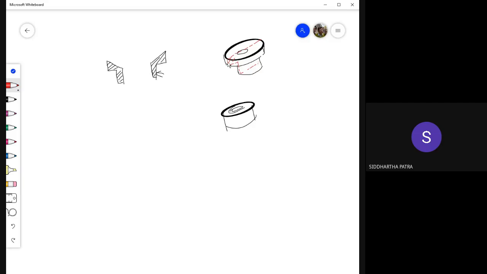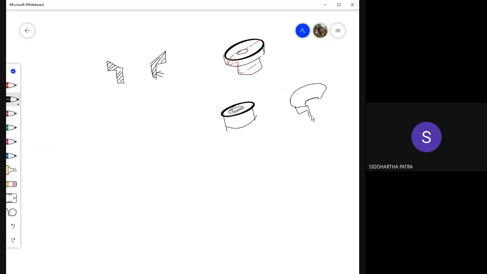Imagine when it is split into half, you would be seeing this edge, then this smaller diameter or smaller radius, to which it converges to.